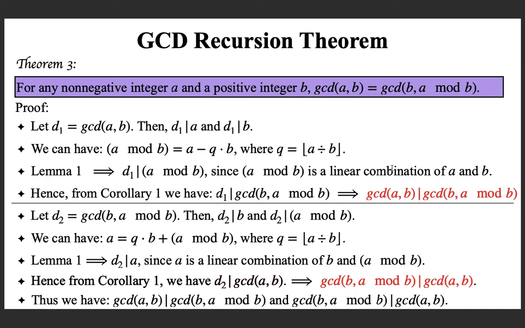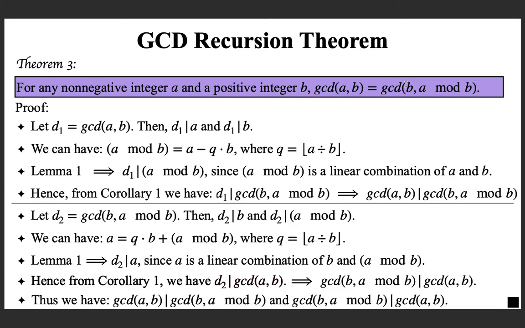So we proved that the LHS divides the RHS, and also that the RHS divides the LHS. This happens if and only if they are the same, and hence proved.